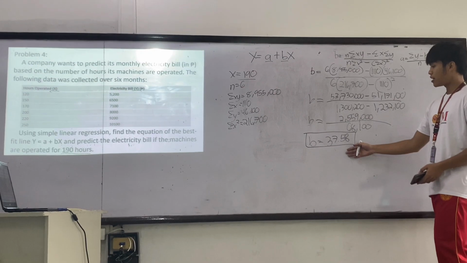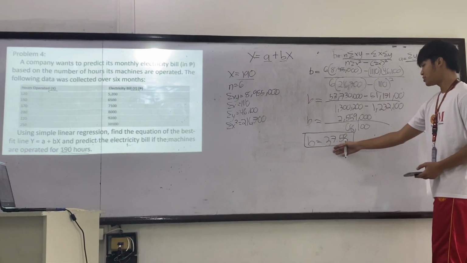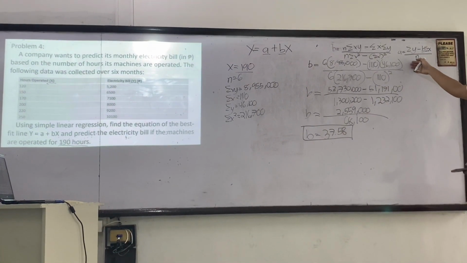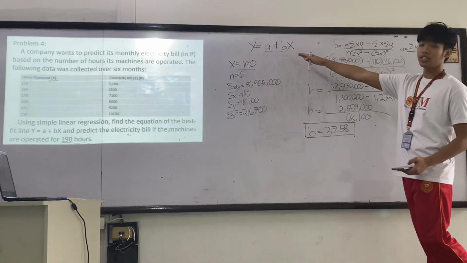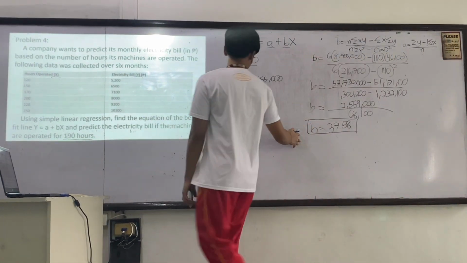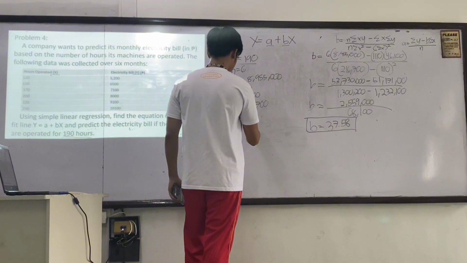So now that we have come to this final answer or the value of B, we will now use this value in the equation of A in order to get the value of A, so that we can proceed to the main equation. So let me first put the value of B, 37.58.